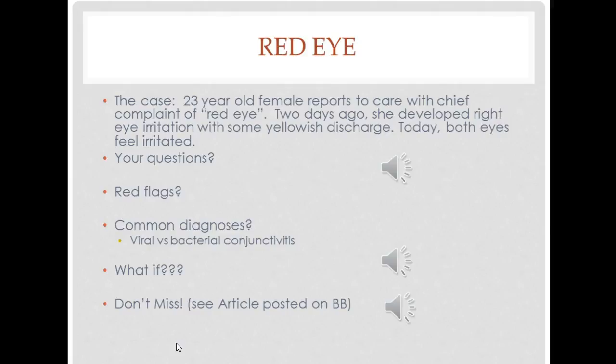So what if the story is a little bit different and the patient does have some pain in the eye? They tell you that they have experienced some eye trauma. They think they got something in their eye. They rubbed it. It seemed to resolve, and overnight they still feel the little irritation, but today now they're noticing some discharge, and it is unilateral.